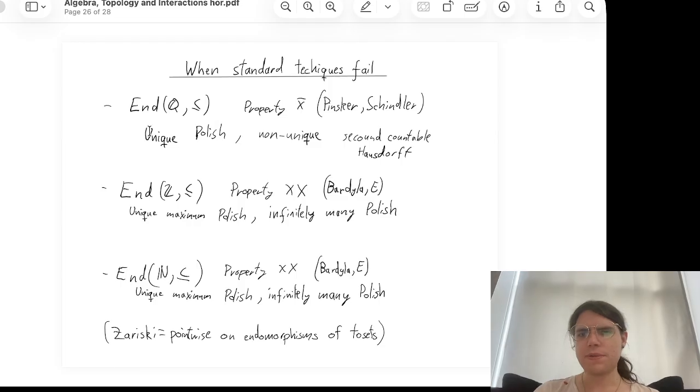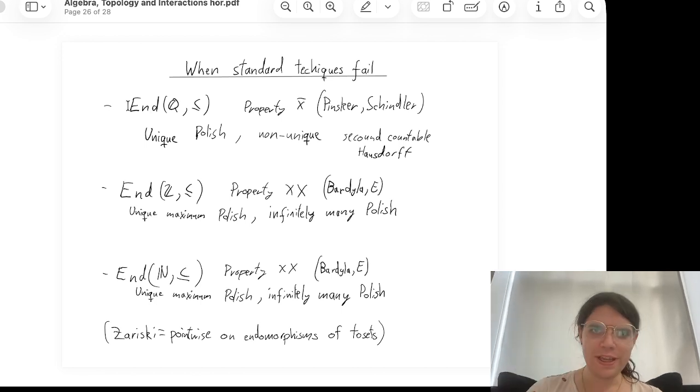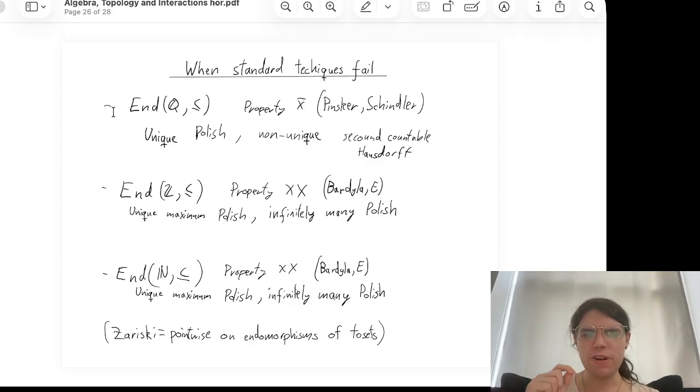When it doesn't work, there's this result of Pinsker and Schindler, which I was really happy with when it came out, because I tried to figure this out for a while and I couldn't. So it turns out the endomorphism monoid of the rationals, the dense linear order, has a unique Polish topology. But you can't use standard techniques to prove this.